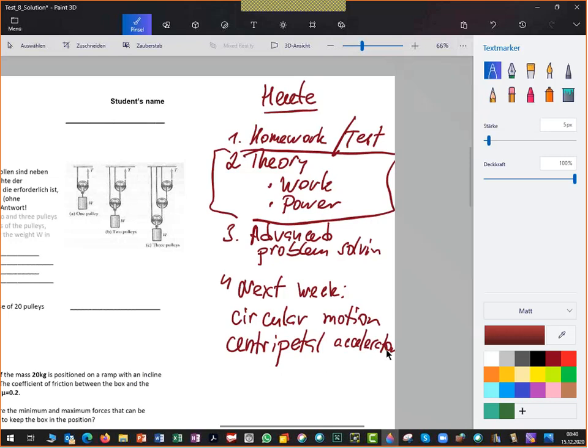And if you want to prepare yourself better for the contents of next week, you can already take a look and go through quickly the topics like circular motion and centripetal acceleration.